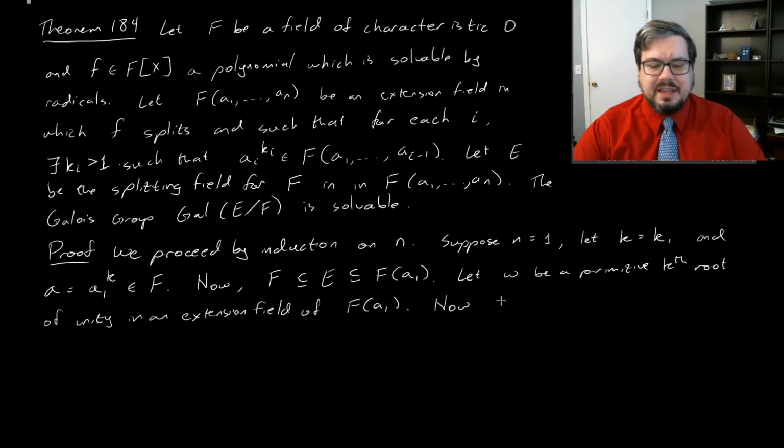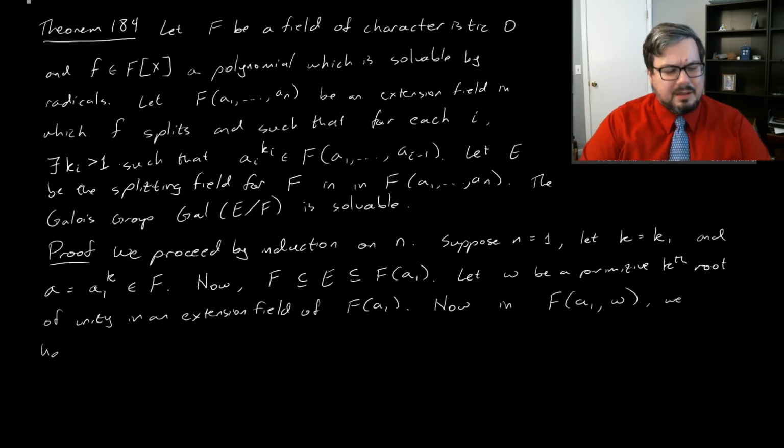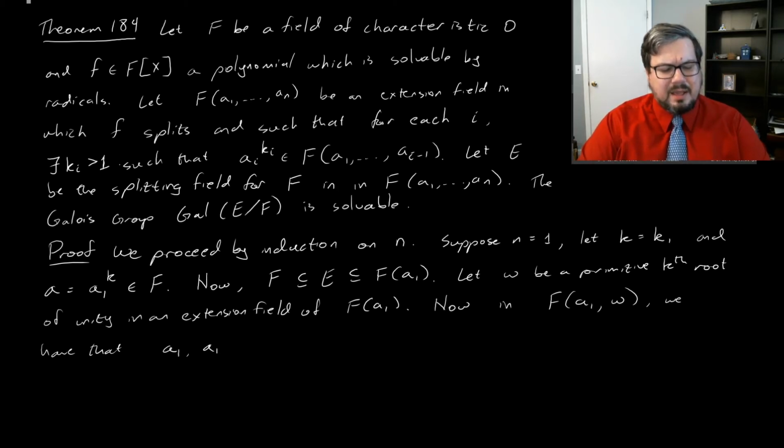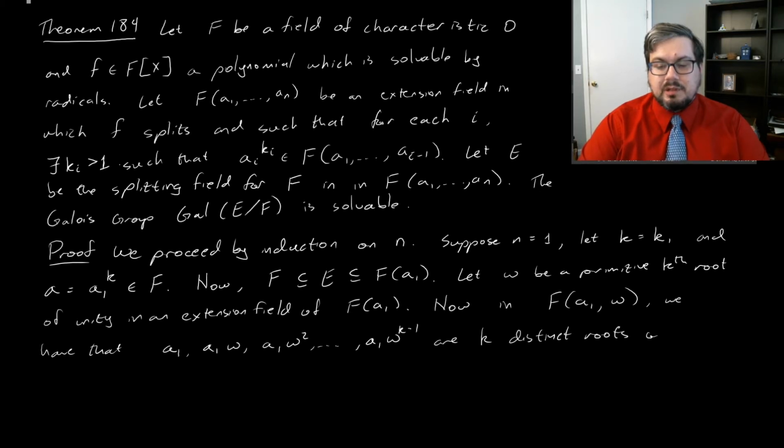So now note that in the field F(a1, omega), we have that a1, a1 omega, a1 omega squared, etc., up through a1 omega to the k minus 1 are k distinct roots of the polynomial x to the k minus a.